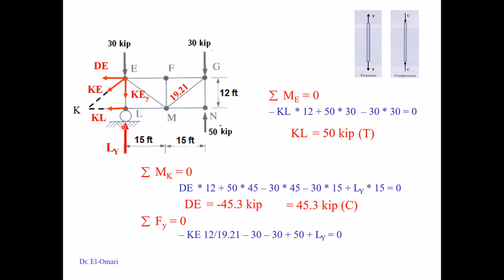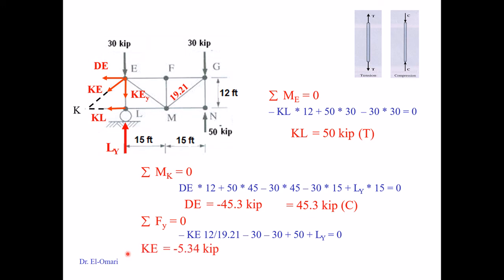So this is Ke times 12 over 19.21. It's in the negative direction of the y. Then you have negative 30, and then plus 50, and plus Ly. You solve it. This is the Ly that we calculated, 667.